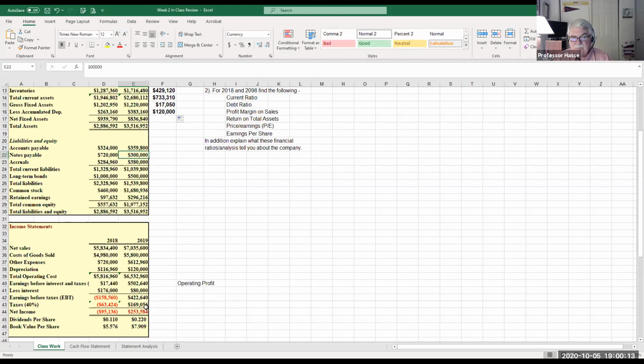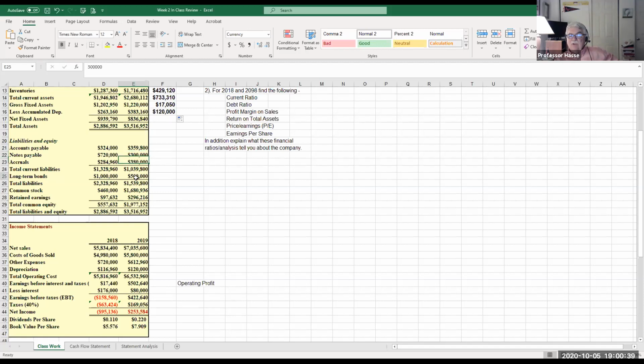Part of our interest expense down here is this notes payable. So in liabilities, accounts payable and accruals are short-term operating liabilities. Notes payable is a short-term interest-bearing liability.